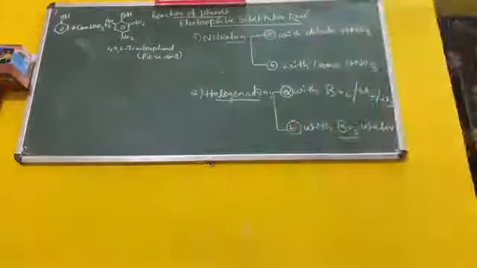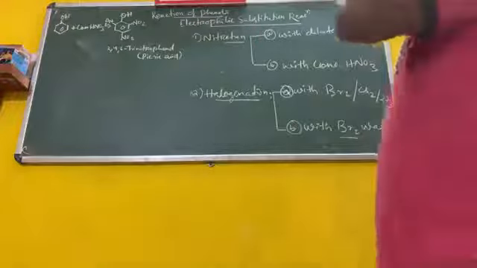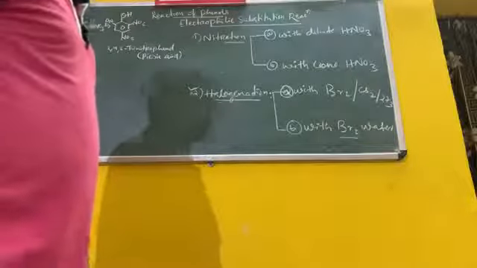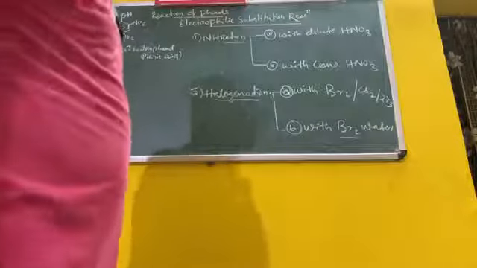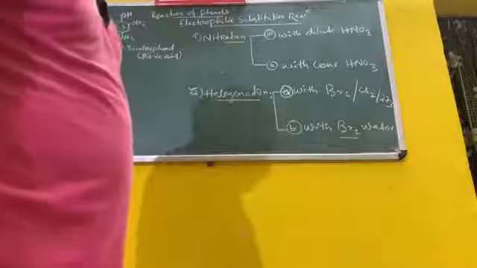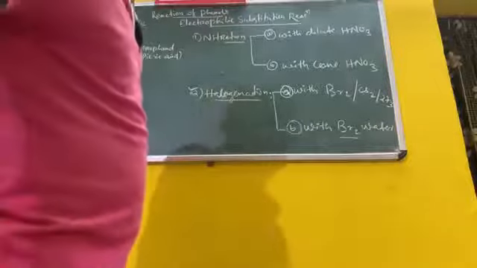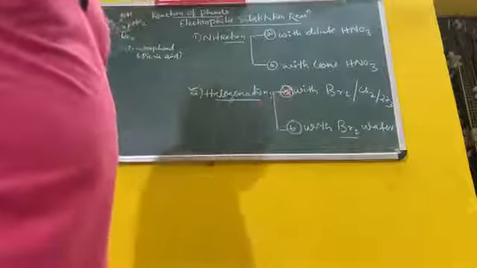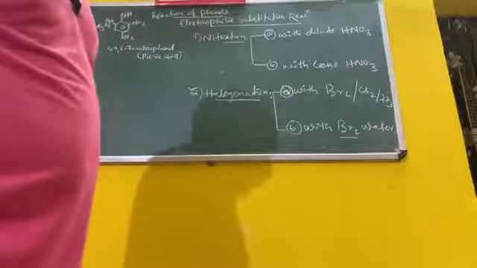Then for halogenation, it is Br2 in the presence of carbon disulfide at 273 K, okay. Halogenation takes place with phenol to form ortho and para products.